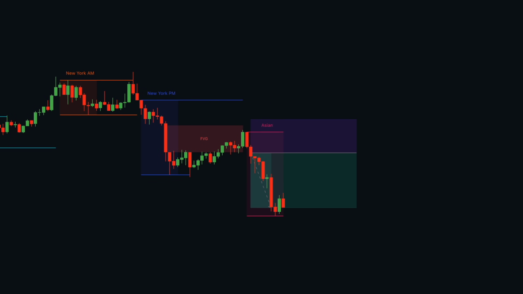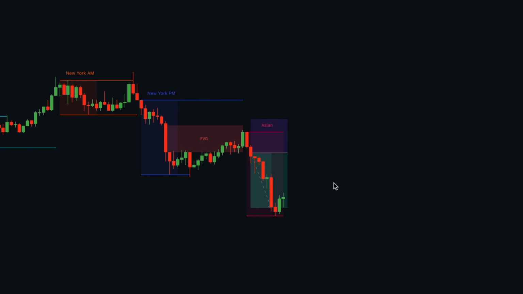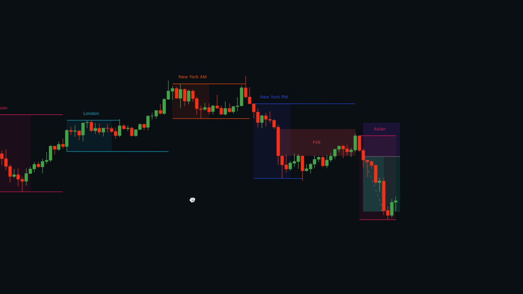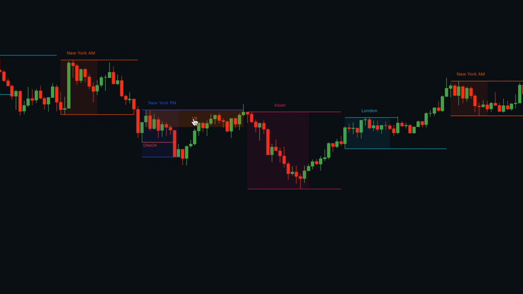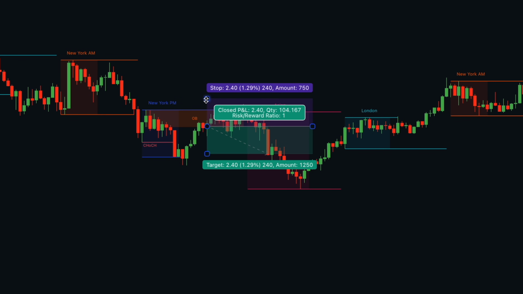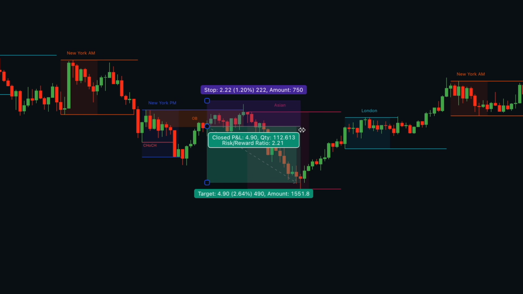Order blocks are sections on a price chart where notable buying or selling activity has occurred, often signaling interest zones for institutional traders. This toolkit's order blocks component pinpoints these areas within the kill zone, which may act as potential support or resistance levels. Breaker blocks, on the other hand, are zones built from mitigated order blocks and highlight zones on the chart where price has previously stalled or reversed.